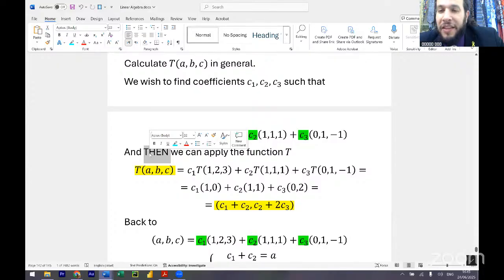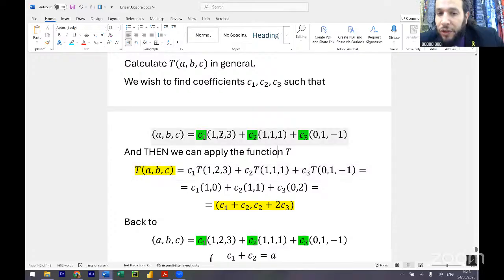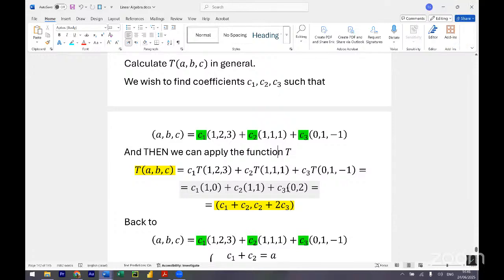Now we're at the then. We'll apply T on both sides. On the left-hand side, you get T of ABC. On the right-hand side, you get C1, T of that, T of that, T of that. But these are vectors in R2. So you got this all together. Agreed?